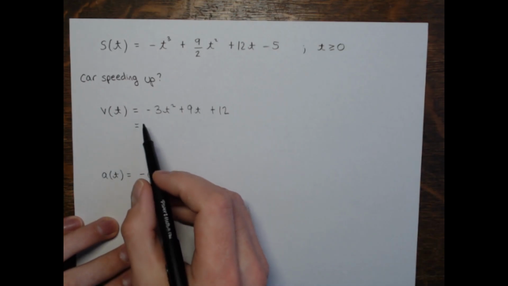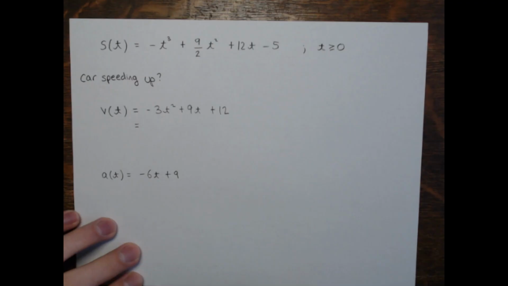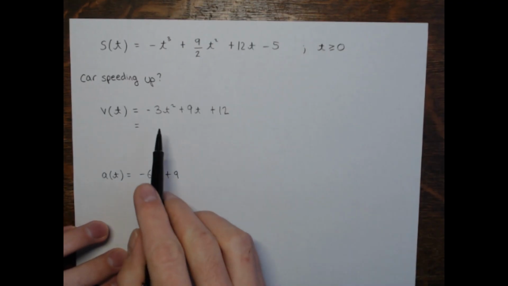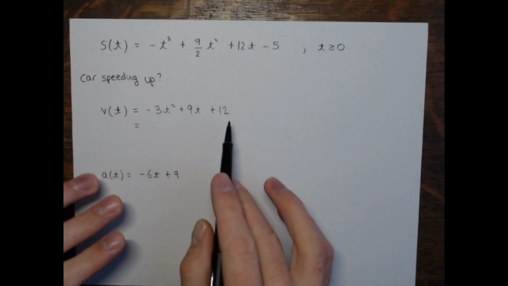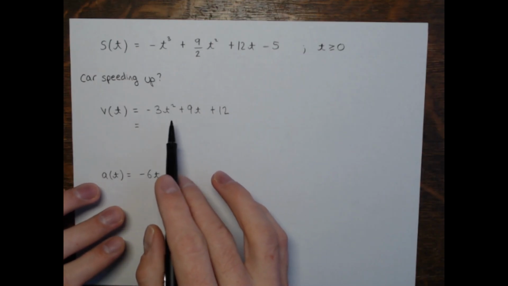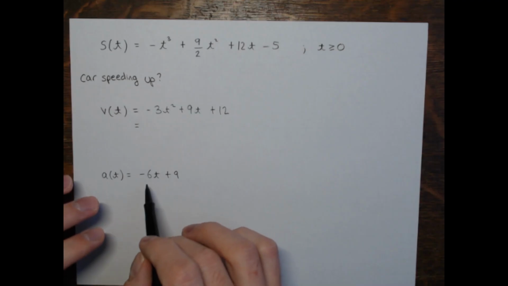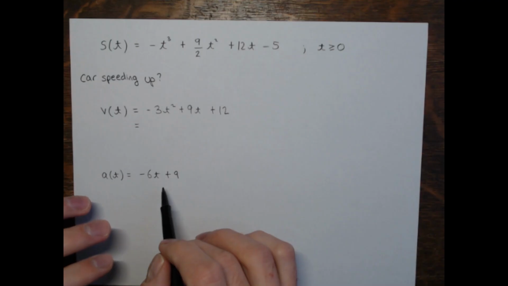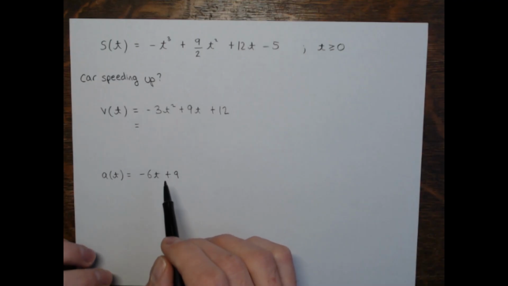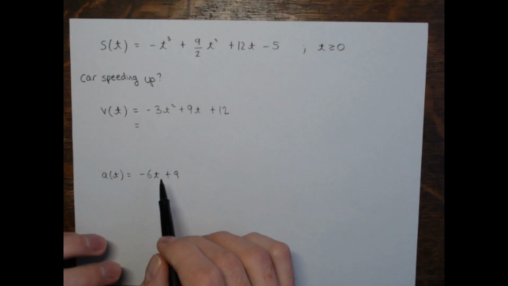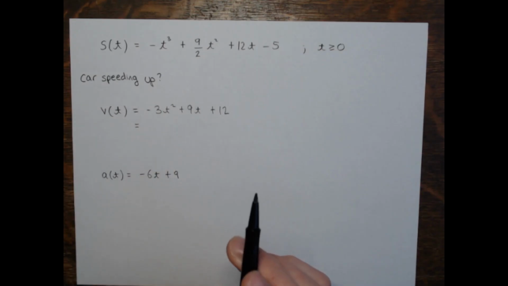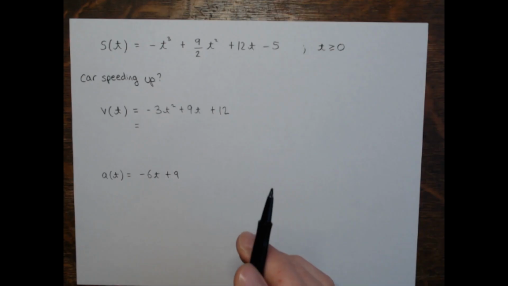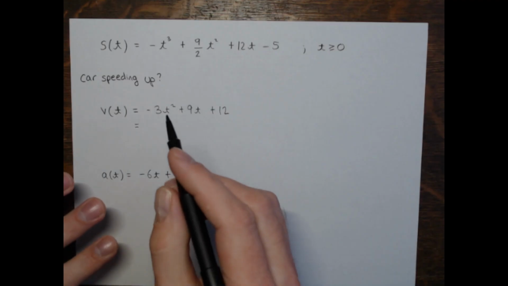Now I think it's easy to see where the velocity is 0. You can set this equal to 0 and use the quadratic formula or whatever. Same thing down here, you can set the acceleration equal to 0 and solve. But these are nice and factorable, so it should be easy to see where the acceleration and velocity are 0 by looking at the factors.